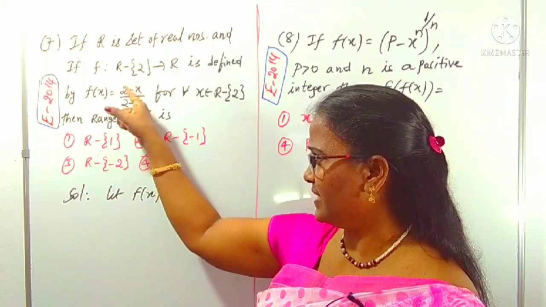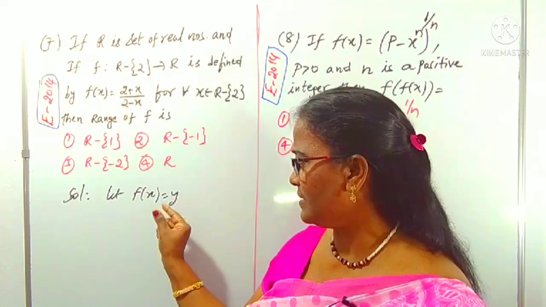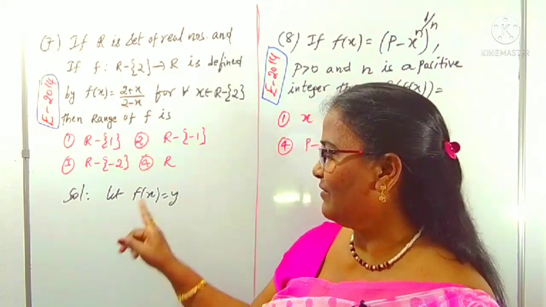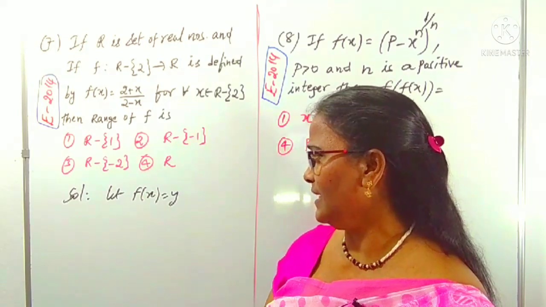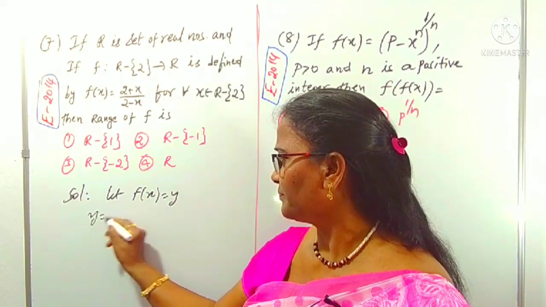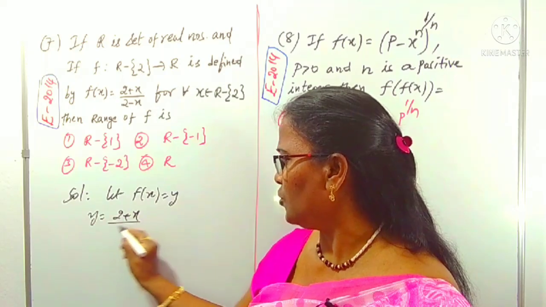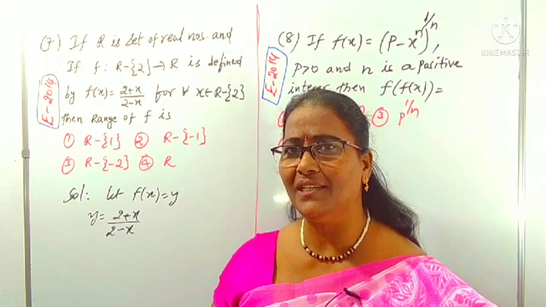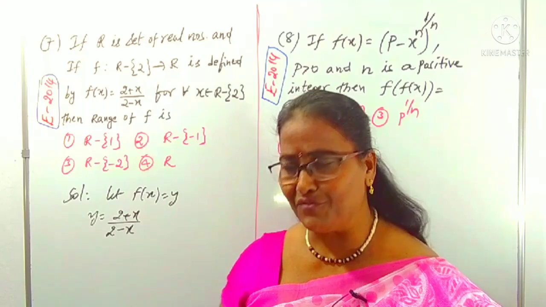In this case, if there is a simple rational function, we can use the process like this. F of x is taken as some y, which means indirectly y is given as 2 plus x by 2 minus x. Indirectly we want the set of values of y.